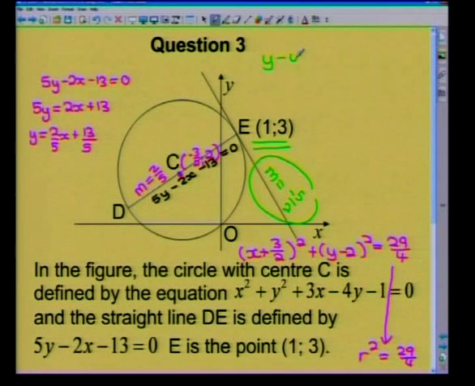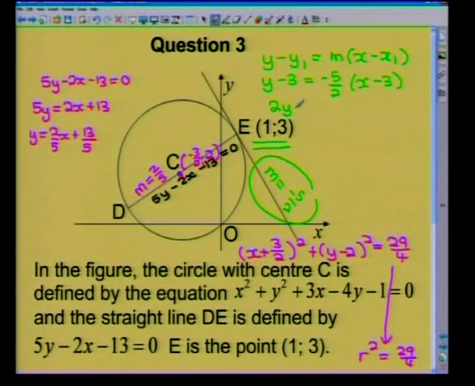I'm going to use my favorite equation, which is this one. But as I've said, you're welcome to use the other one. So it's y minus 3 equals, the gradient is minus 5/2, times (x minus 3). Now, just because I don't like working with fractions much, and I know you don't either, let's multiply both sides by 2.